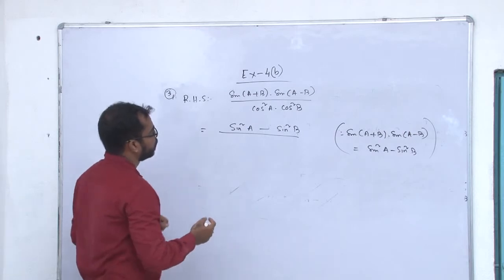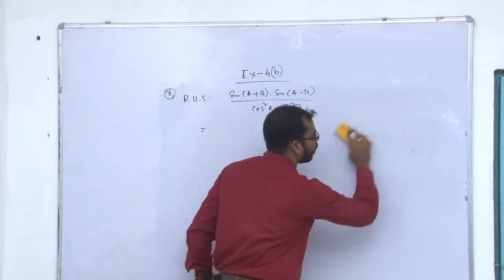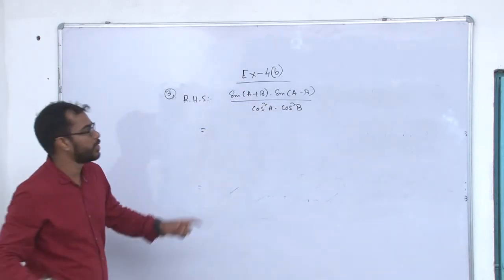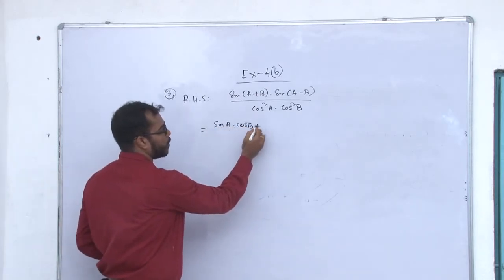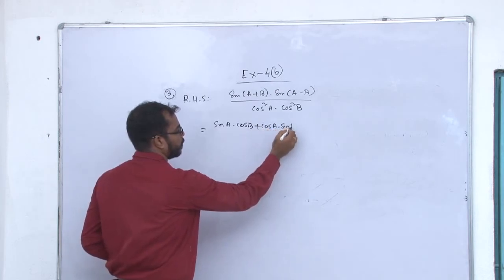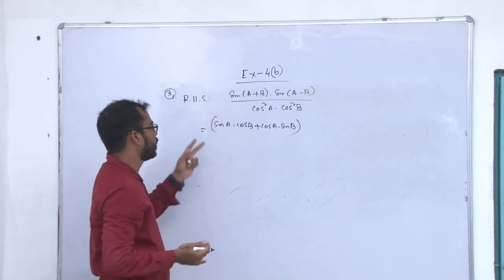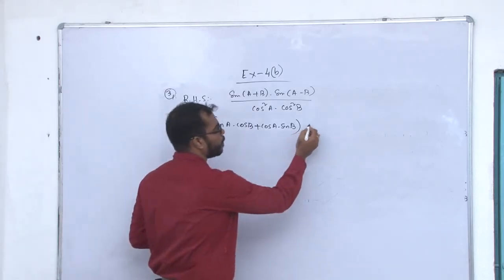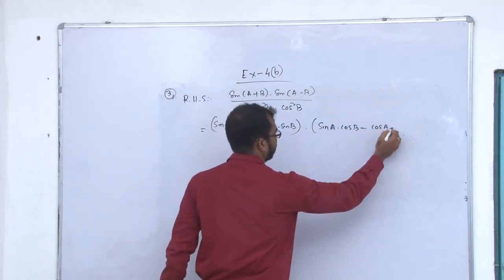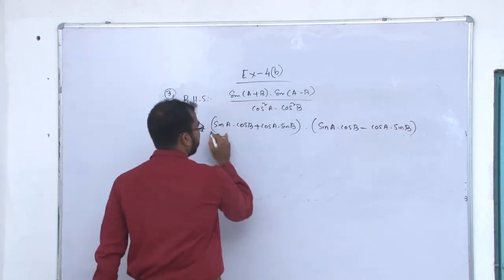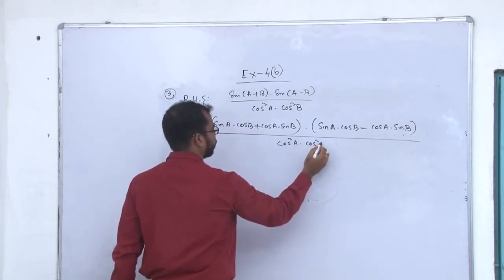Or you can write the direct formula. If you do not remember this formula, then you can use the direct formula, that is sin a into cos b plus cos a into sin b, into sin a into cos b minus cos a into sin b, whole divided by cos square a into cos square b.